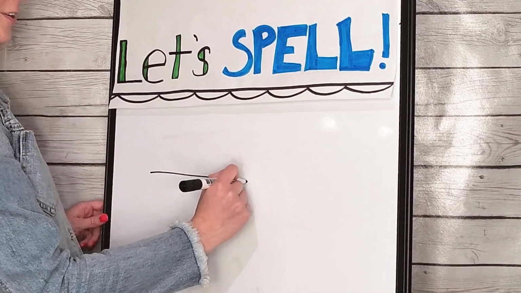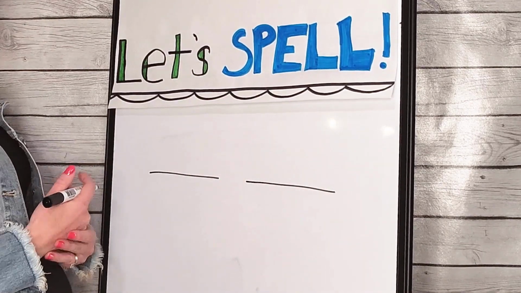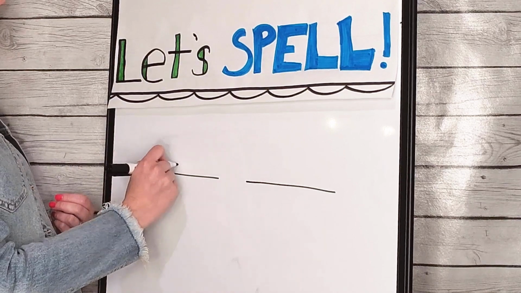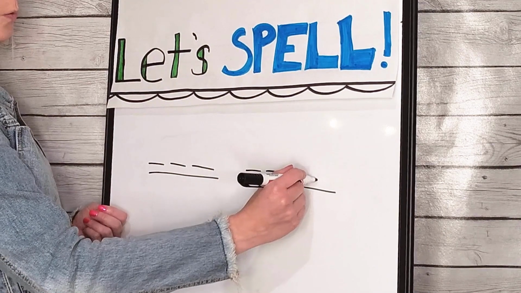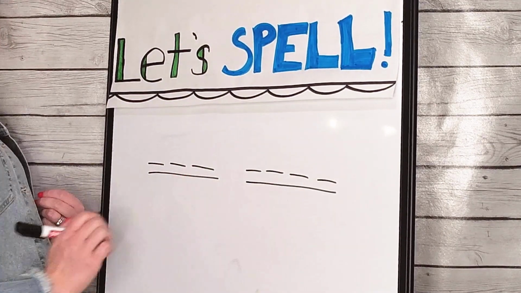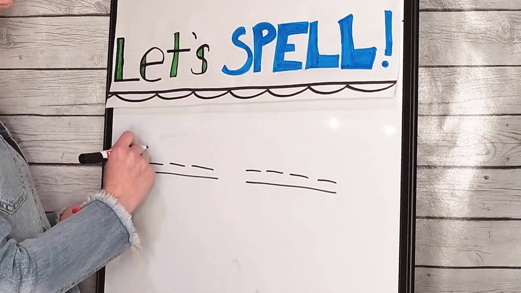Our last word is overgrown. Can you say that word with me? Overgrown. When I say that word, I hear two word parts. Overgrown. Now let's think about the sounds in these word parts. O, v, er, g, r, o, n. Overgrown. Now let's think about the letters that represent these sounds.